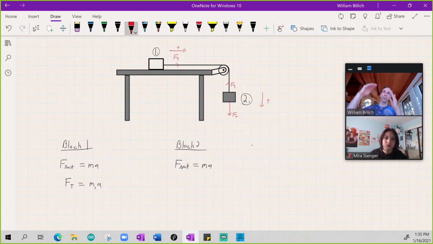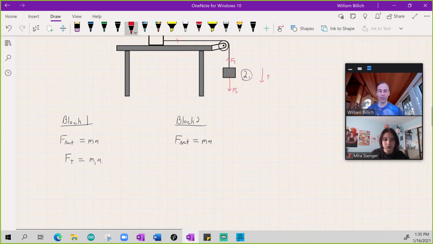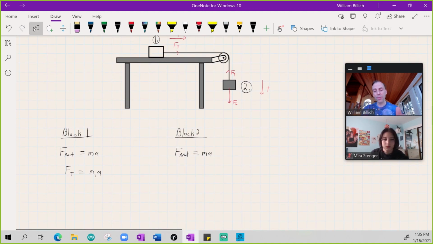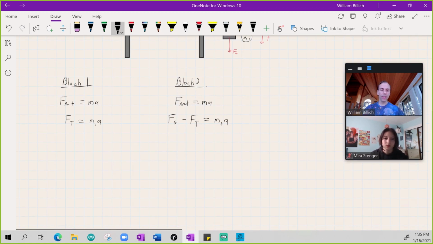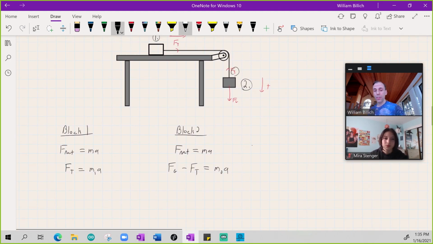Otherwise, you have a disagreement in the relativity between the two systems. This cannot happen. So, thus, anything acting downward is given a positive. So, we got F of g acting down. What's acting against us? F of t. And that's equal to m2a. Now, just some conceptual things to understand really quickly. These tensions are the same.